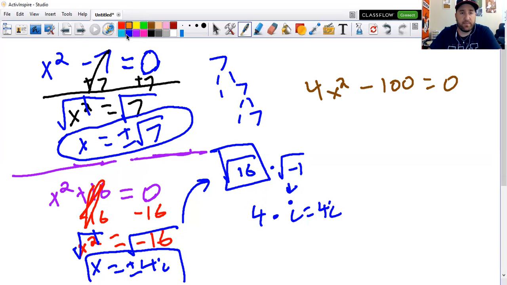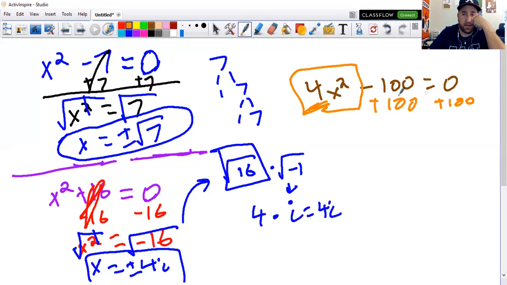All right, last problem. Threw a little wrinkle in here with the 4 out in front. But again, it goes back to your basic algebra concepts. We're still trying to get this term by itself, and then I can deal with the 4 and the x squared. So I'm still going to start by adding 100 to both sides. That gives me 4x squared equals 100.